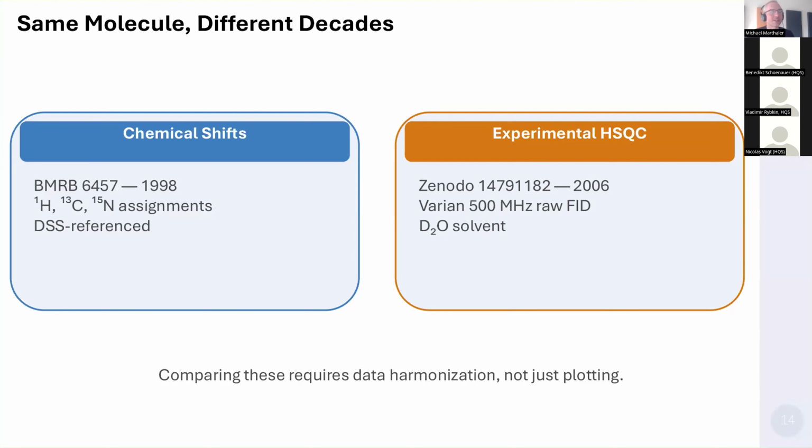Fun fact also: the data was taken on a Varian machine. Some people might know that. Varian is today a bankrupt provider of NMR devices. About 30 years ago, you could buy a Varian NMR device.